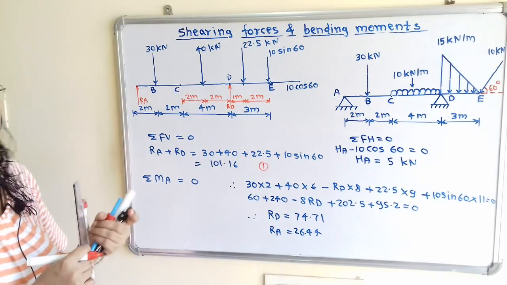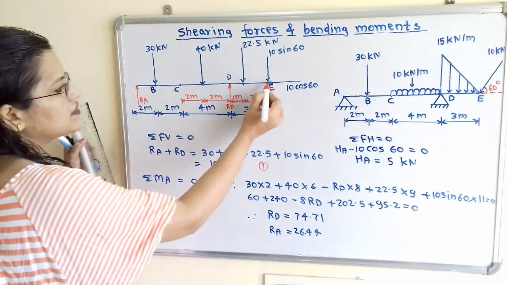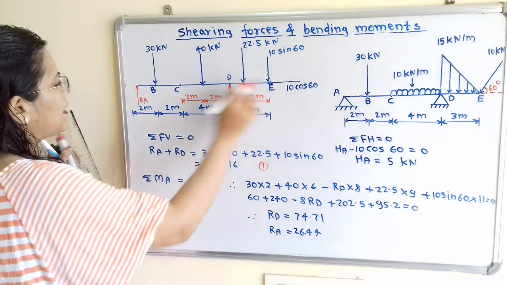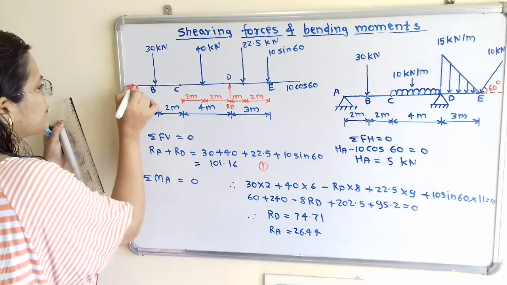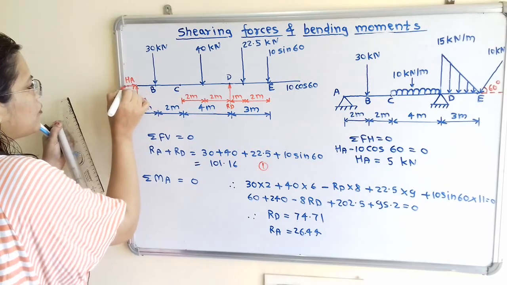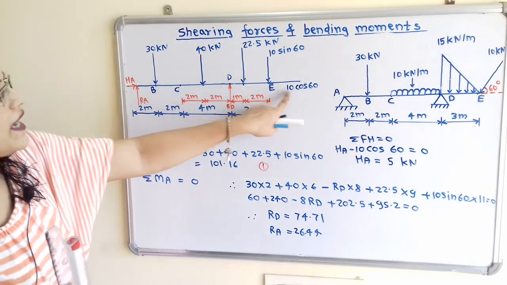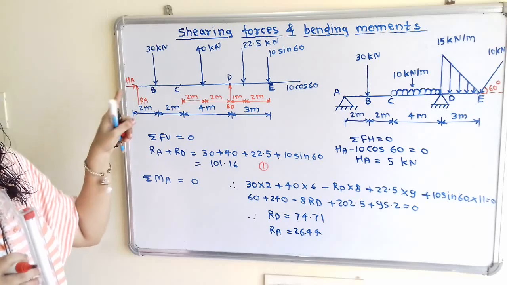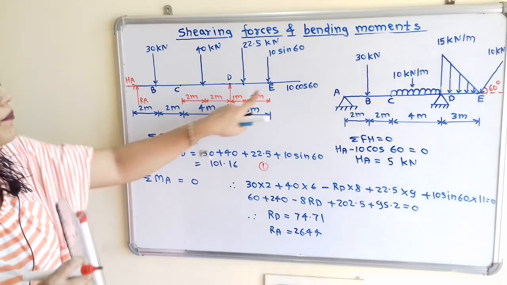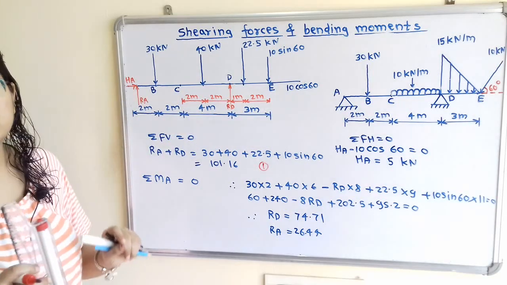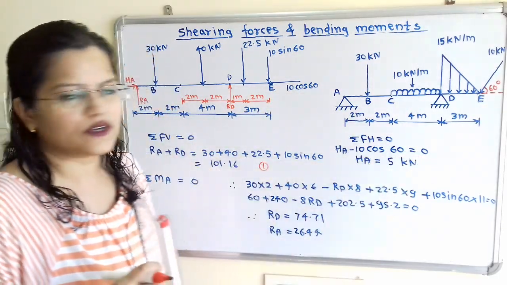Summation of all horizontal forces is equal to 0. If we observe this diagram, here is the horizontal force. To balance this at point A, we have to show the reaction at point A, known as HA, because this is the horizontal component at point A. These two components are opposite in direction, so we can say that HA minus 10 cos 60 is equal to 0.